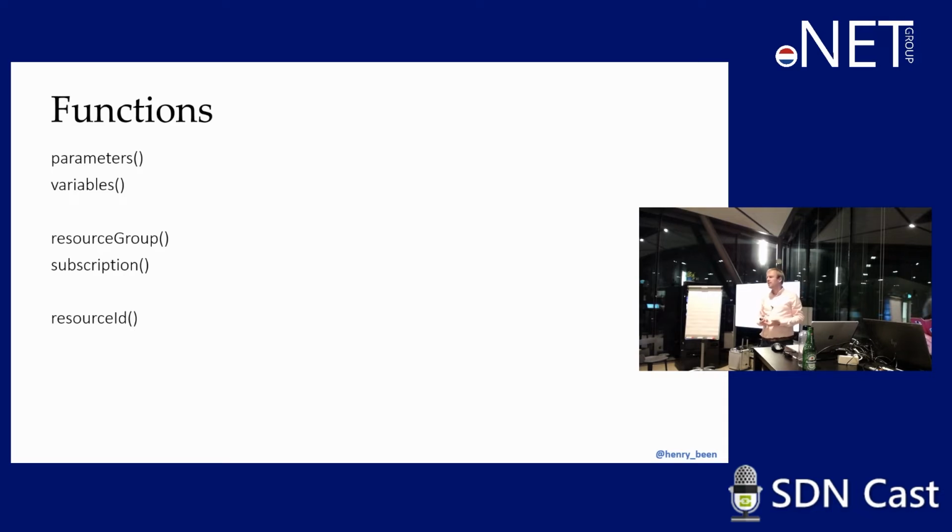We have resourceId, which is a function that we can give the name of a resource provider and a reference to a resource, and then it will construct the URL and it will make sure there are slashes but not two slashes, etc. We have concat, simply string concatenation. We have listKeys. Now, that's an interesting one. This is a function that I can call on the URL of, for example, a storage account, a maps account, a cognitive services account, and it will return me an object that contains the primary and the secondary key for that resource.